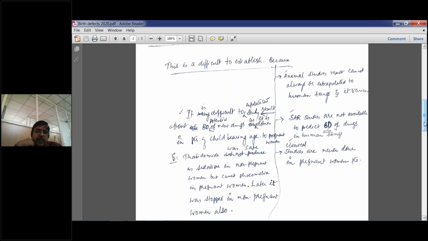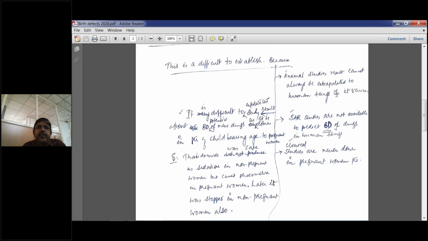But later it was shown that because it produced this effect in pregnant women, it was banned for use in non-pregnant women also. That is a clinical progress which they have found. But initially they found that thalidomide was safe in non-pregnant, but not in the pregnant woman, right?